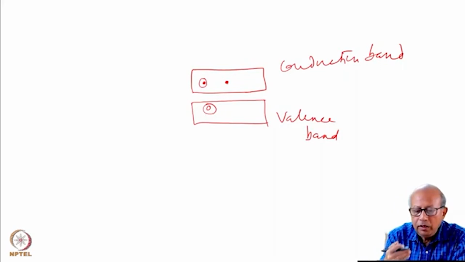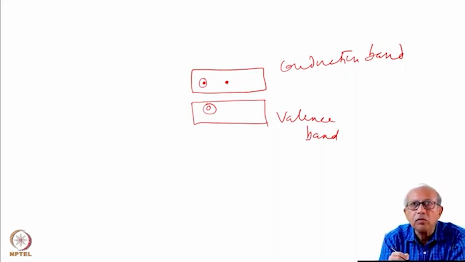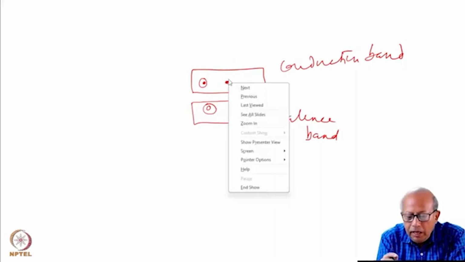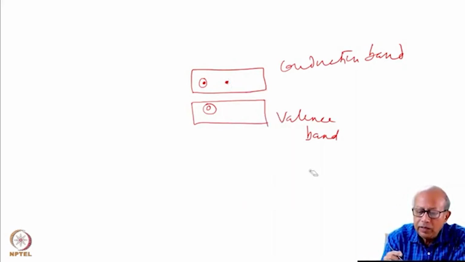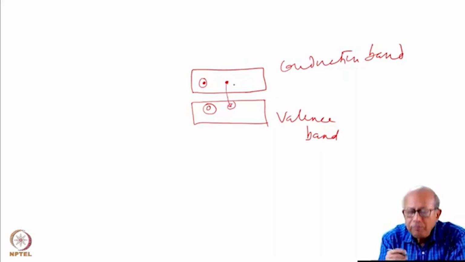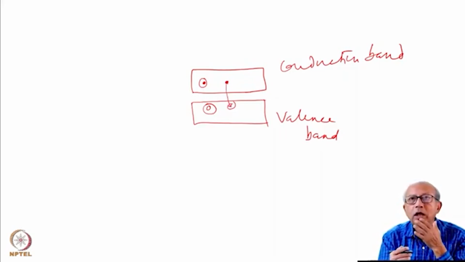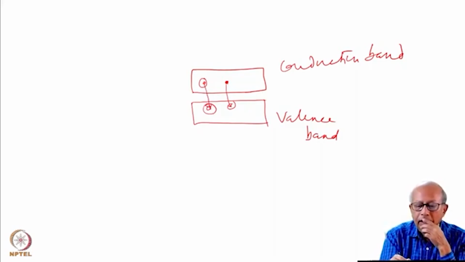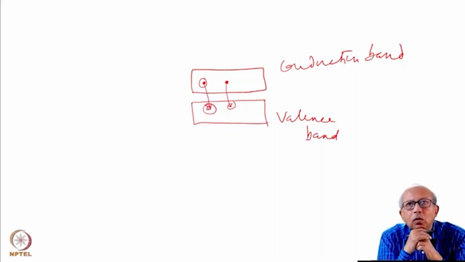So you are producing these holes and electrons, and at the same time these electrons are falling back into the holes, creating photons as a result of electrons falling back onto the holes.